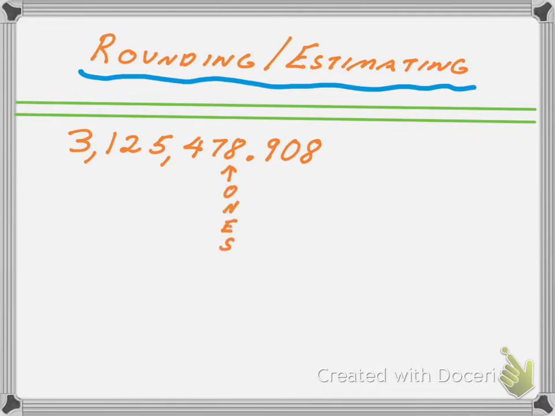And when we round to ones, sometimes we say that we round to the nearest whole number. The 7 is the tens place. We don't round a lot to the tens place, but that's what it is. Sometimes we will round to hundreds, and that's where the 4 is.